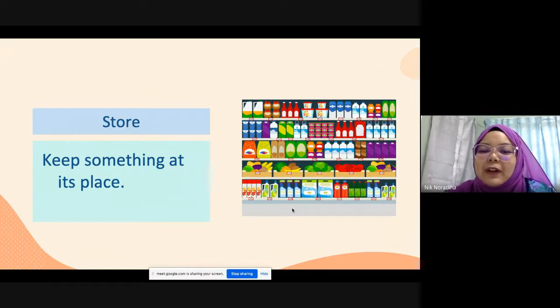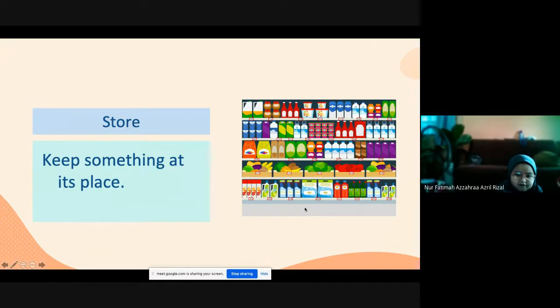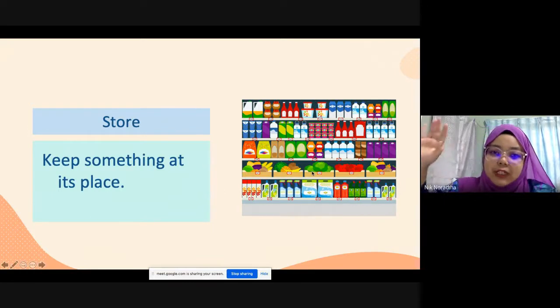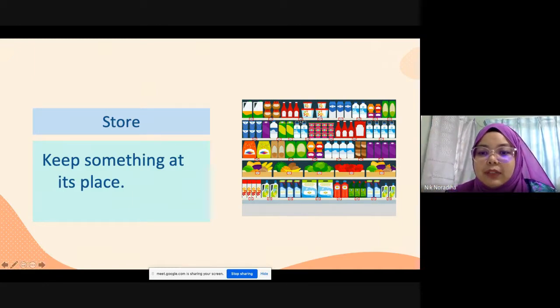Okay, so Fatima already shared with us that in this picture we have some food and water. If you go to a grocery store or go shopping with your parents, we will see all of this stuff arranged on the shelf, so that it's easier for us to choose which one we want to buy.